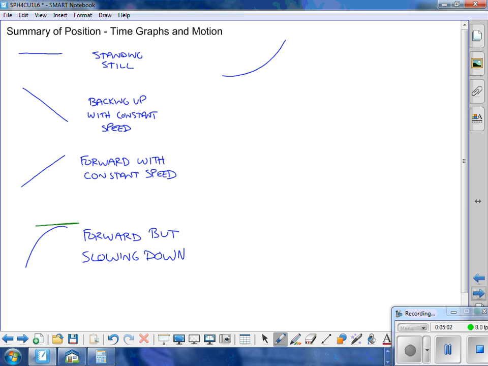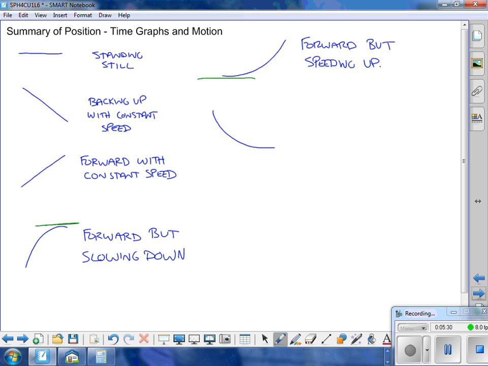Now you're standing still, and then you've changed. So again, you're moving forward, but speeding up. You've gone from a stop, and now you're moving forward, so you are changing your speed. You're speeding up.